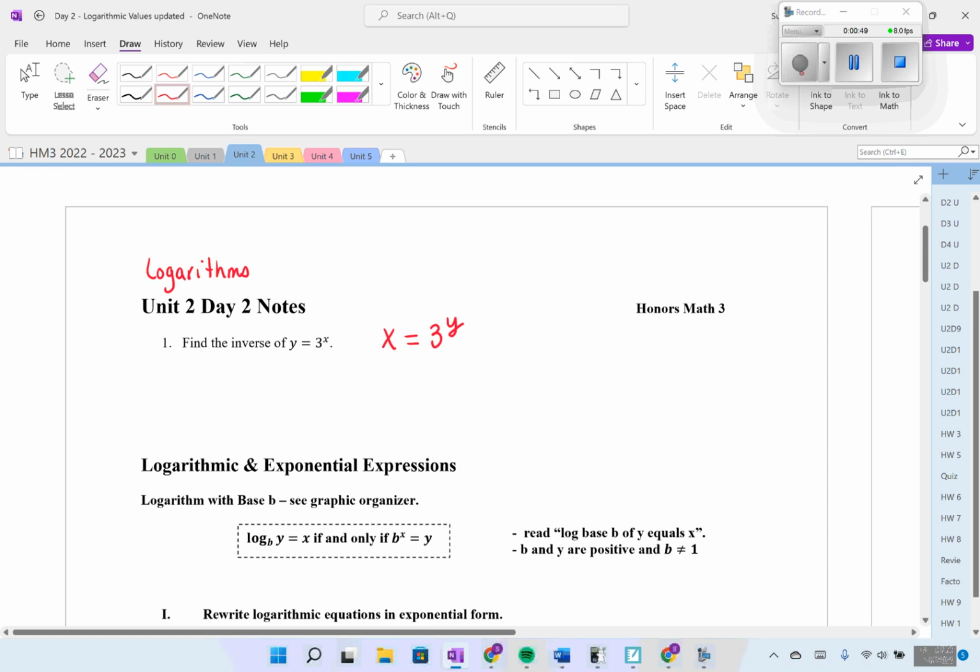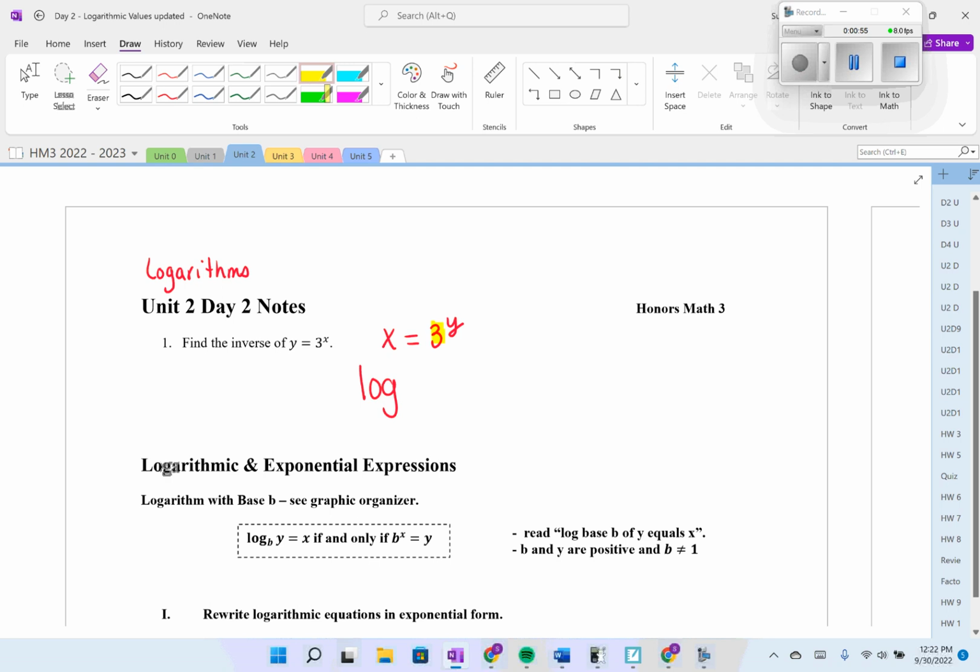If I rewrite this in log form, it becomes the log, and the base stays the base. So this is base 3. We have the subscript for a log, which is called the base. This is read log base 3 of, and we take the x that goes here.